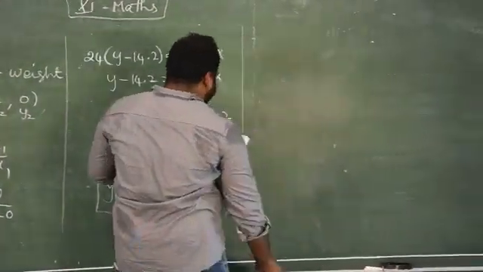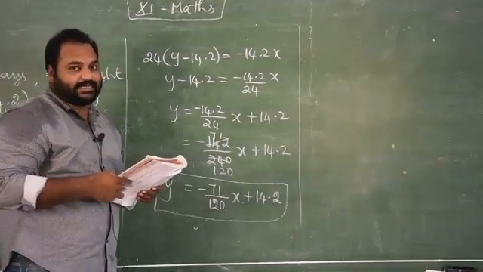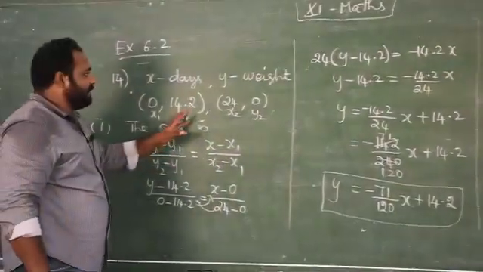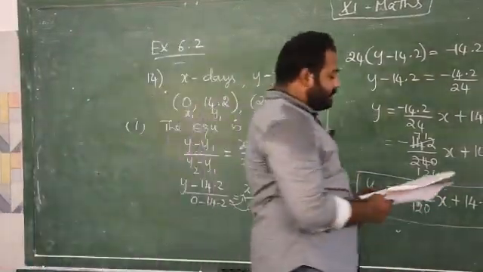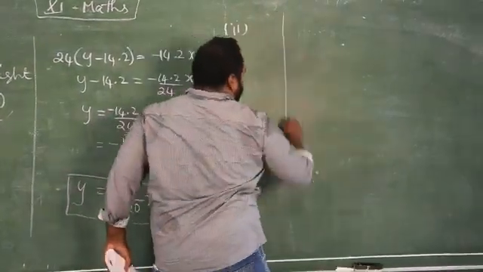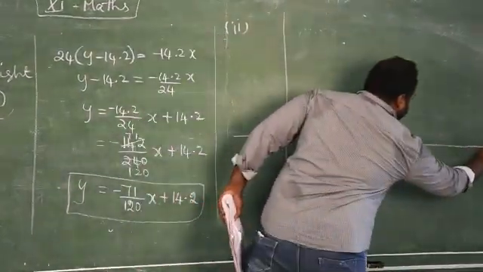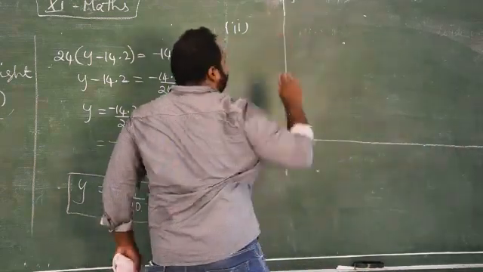Draw the graph for the first 96 days. Actually, every 24 days they change the cylinder. So we have to draw the graph. Here I am going to construct x and y.